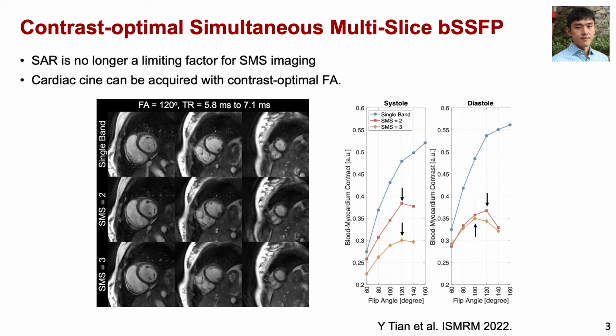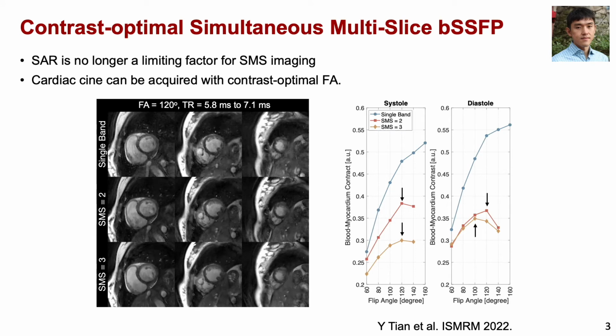But this is only possible for single slice imaging and cannot benefit from the great acceleration of SMS. But this is totally possible at high performance low field systems because the SAR is greatly reduced, which allows us to combine SMS without going over the limit of the SAR.